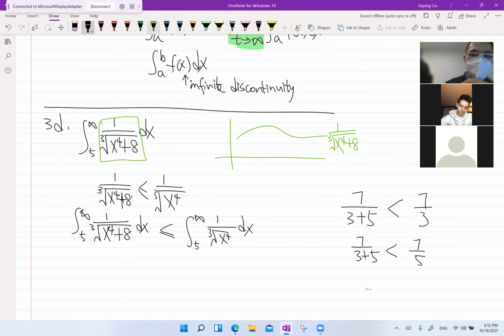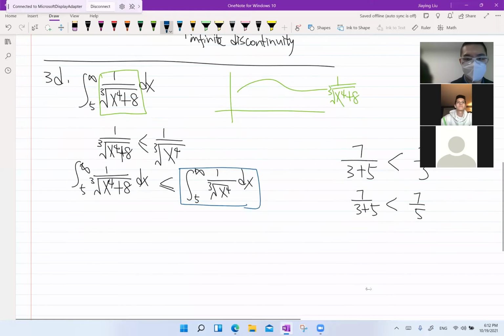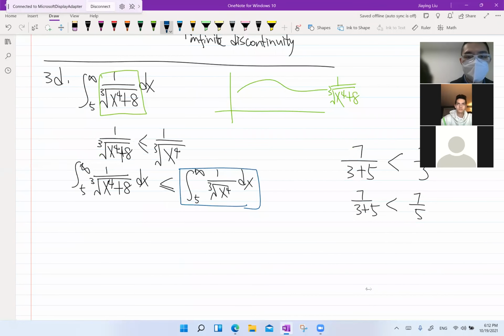Well, the reason we do this is because this integral is a lot easier to find out whether it's convergent or divergent compared to the given one. So we know the given one is less than this one that I compared to. And I'm going to focus on this new one, and I want to know if this is convergent or divergent.